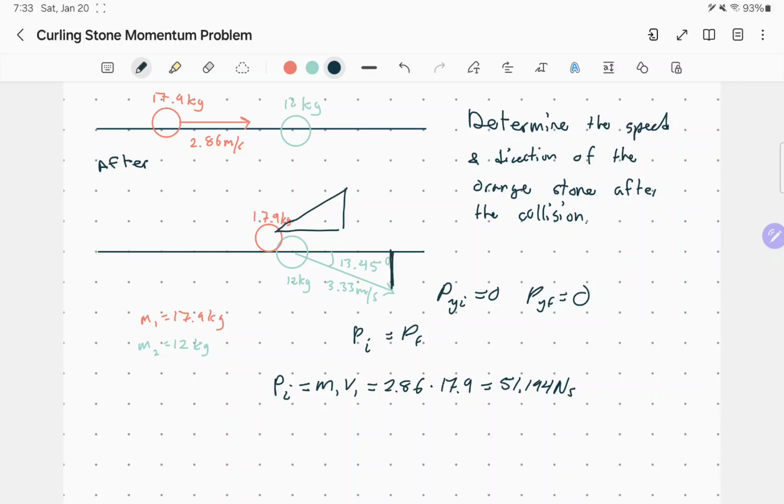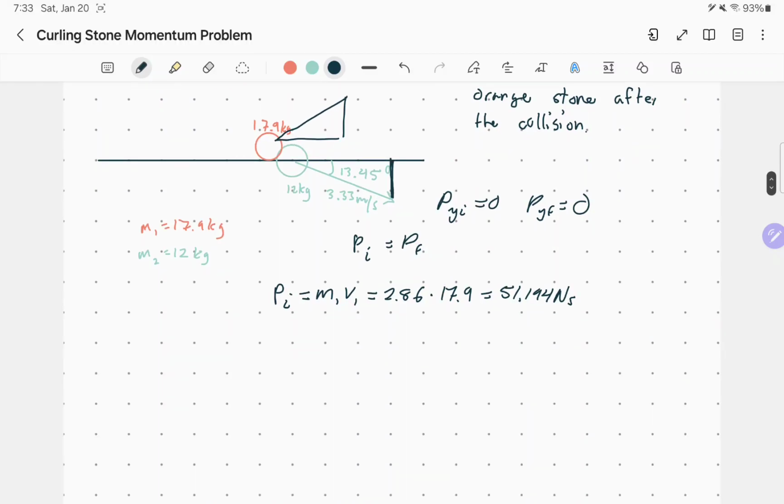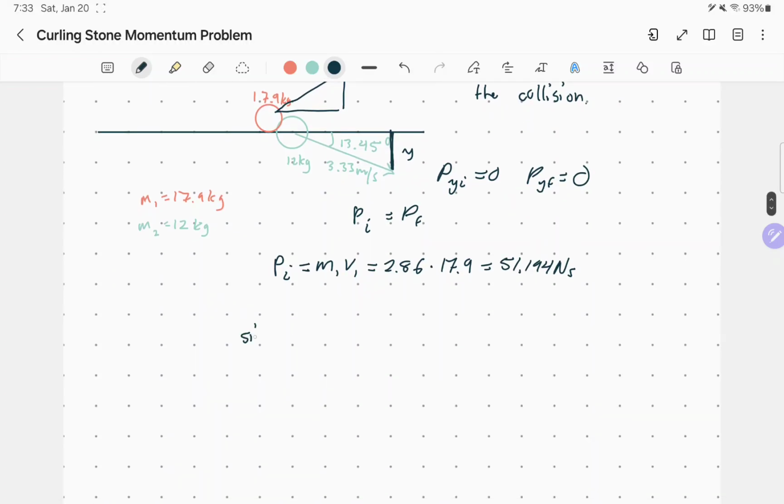Well, how can we find this component of momentum? We can take that component of velocity. If we want to find this y, we know that sine theta equals y over 3.33, as given right here. And we also know that theta is 13.45 degrees. So we know that sine of 13.45 degrees times 3.33 gives us the y.